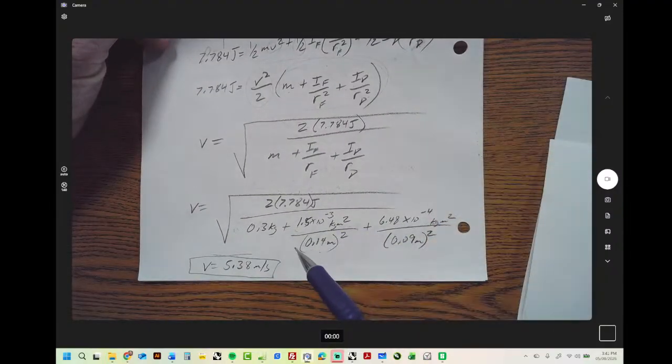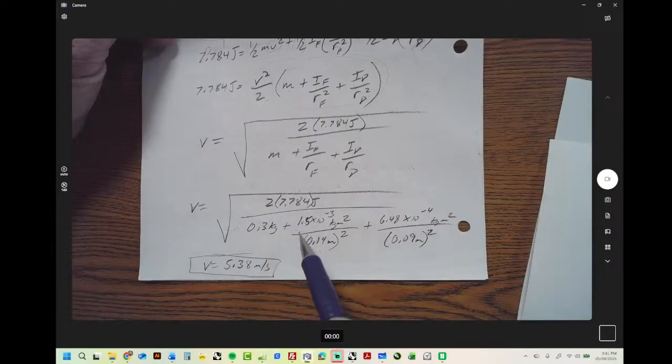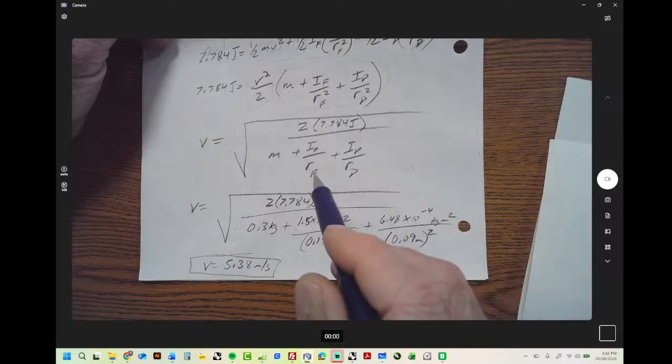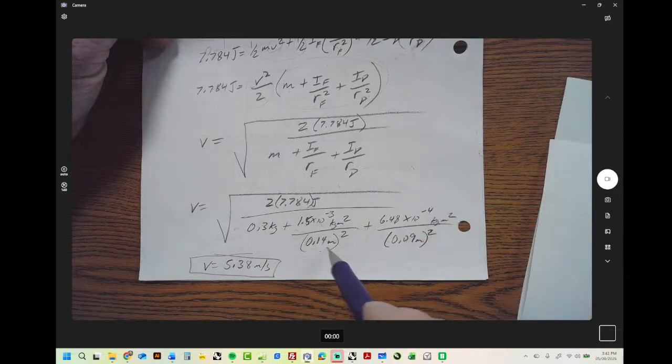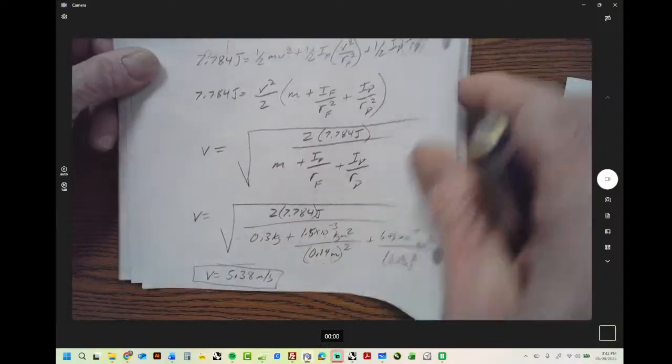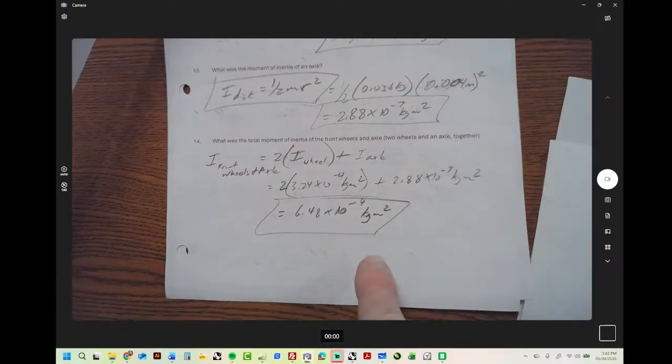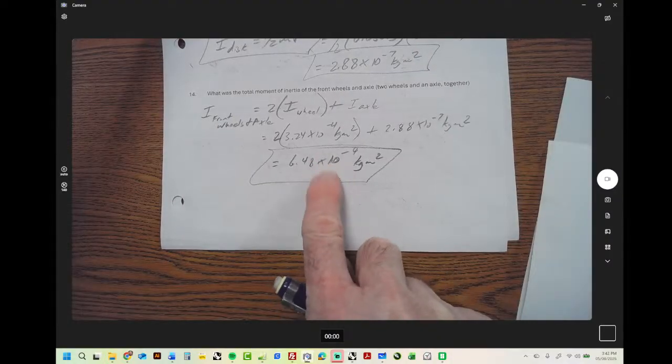So the last step is just to plug stuff in. This is the mass of the car. This is the moment of inertia of the front wheels, moment of inertia of the drive wheels, radius of the front wheels, radius of the drive wheels. And I had to look all that up. Oh, front wheel and axle moment of inertia is right here.